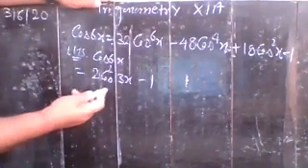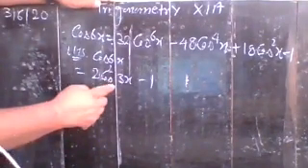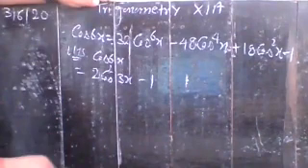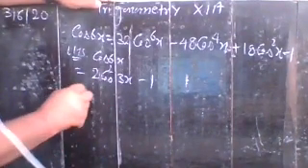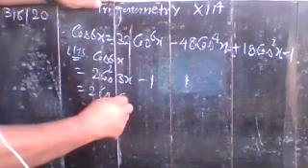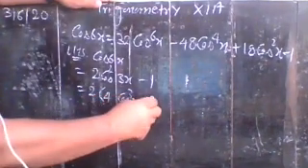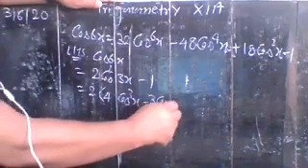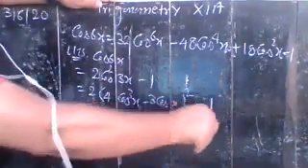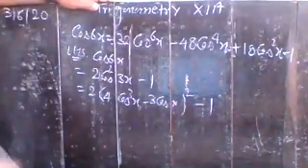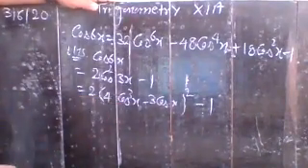And you know the formula of cos 3x. So cos 3x is equal to 4 cos cube x minus 3 cos x. So 2 into (4 cos cube x minus 3 cos x) whole square minus 1. You write in this way. Now expand it by using (a minus b) whole square.